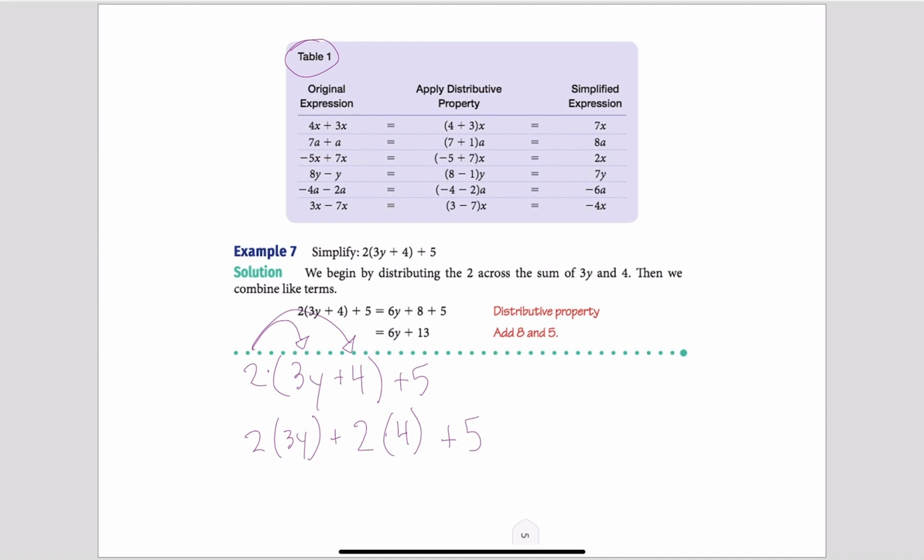So I'm doubling each part. Now I can go ahead and do the math. 2 times 3y is 6y. 2 times 4 is 8. And so then 6y plus 13 is a simplified version of what we started with.